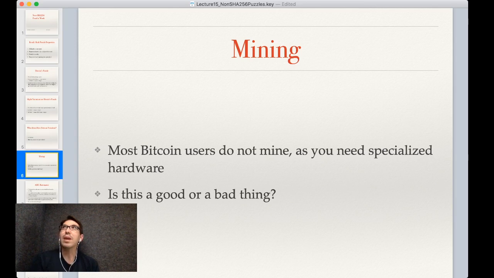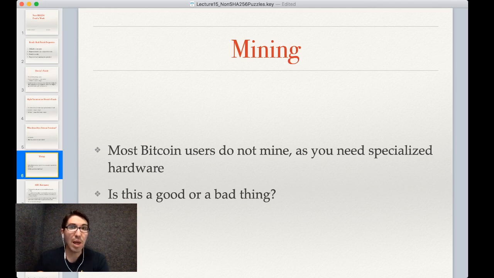Even though in Satoshi's original white paper he talked about one CPU, one vote, it turns out that GPUs and later FPGAs and ASICs were much more efficient, orders of magnitude more efficient, at mining, at solving these SHA-256 puzzles. So in order to mine profitably, you really need specialized hardware.